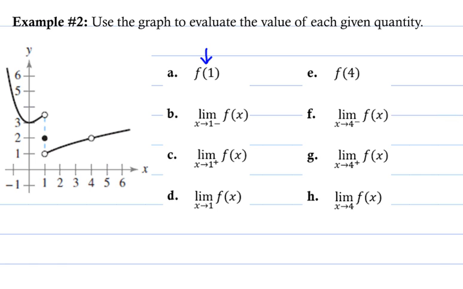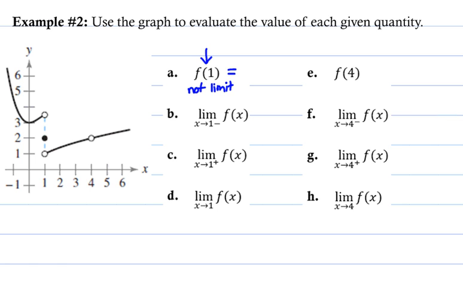So f of 1, that means if I look on the graph and I plug in 1, where did I land? This is not a limit. In order for it to be a limit, it must say LIM. Here, I just want to know what the value is.